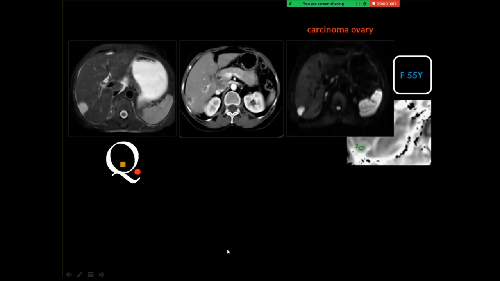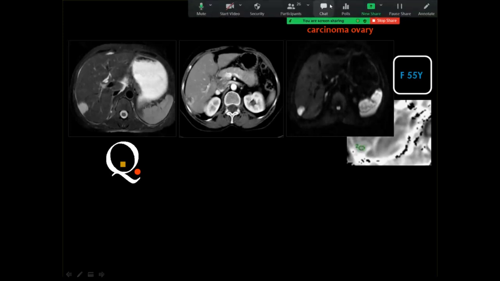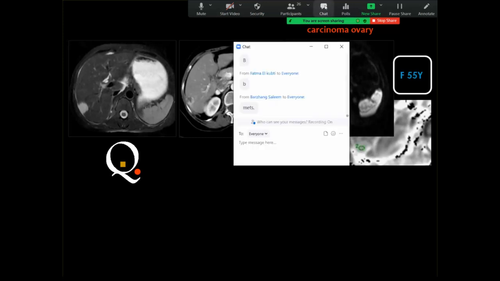This patient had carcinoma of the ovary and focal lesion detected by ultrasound. Then MRI was obtained to verify the nature of this focal lesion. No, this is not metastasis. Hemangioma, right?